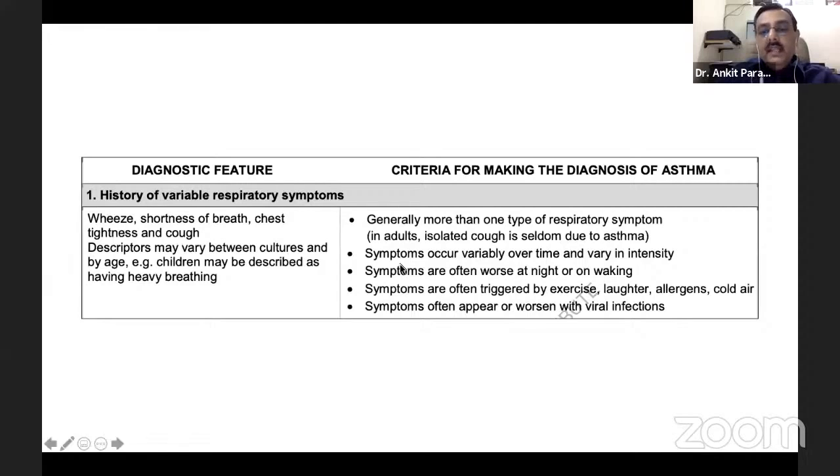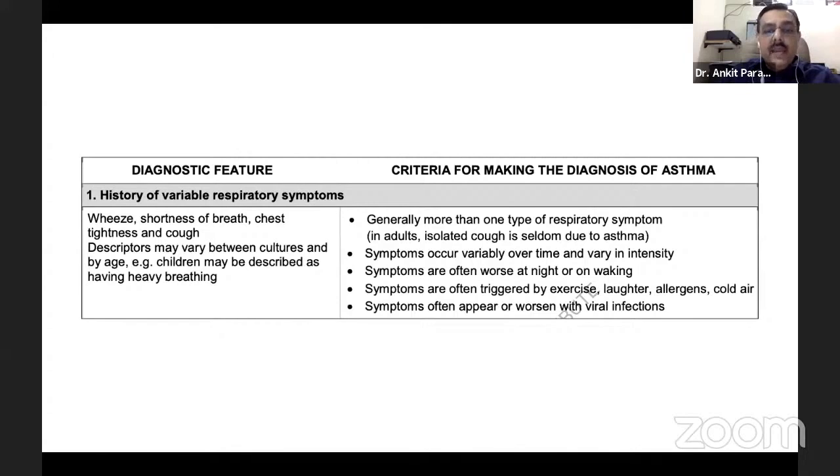Usually these symptoms would be variable in time and variable in intensity. Sometimes they are more, sometimes they are less. In some seasons they are more, in some seasons they are less. There can be a diurnal variation, so they're usually worse at night or when the child awakens in the morning. These symptoms are usually triggered by exercise, laughing, allergen exposure, and cold air.